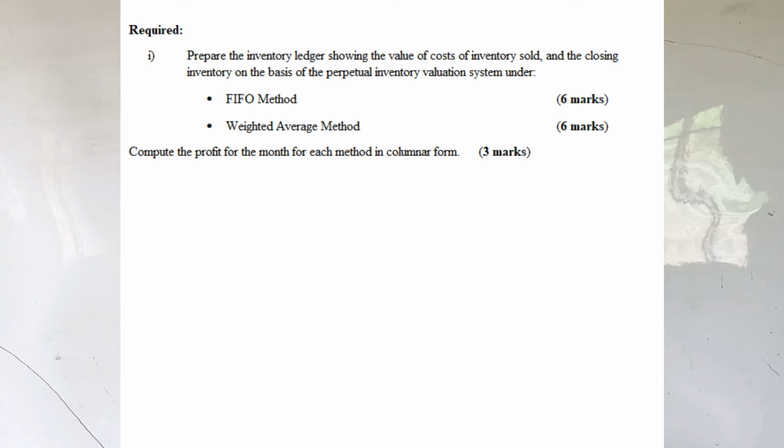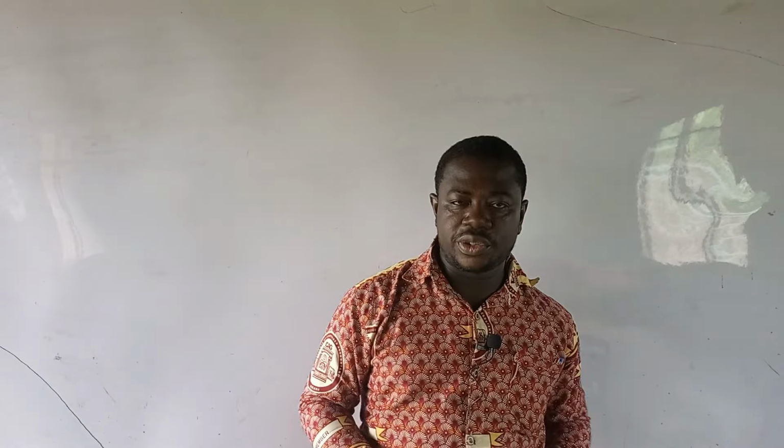The first one is the FIFO method, and that went for 6 marks. And then the weighted average method also went for 6 marks. Then the second one, compute the profit for the month for each method in columnar form for 3 marks. So that is it for the question, and so we are going to solve this question.